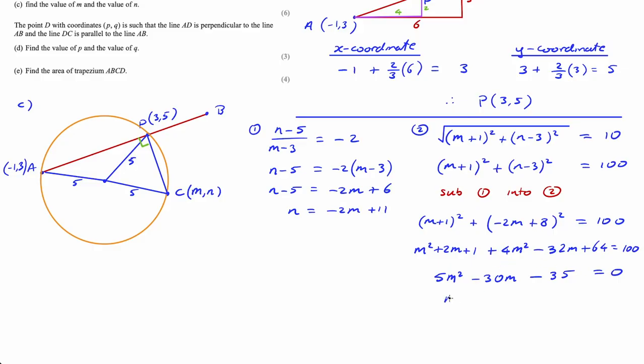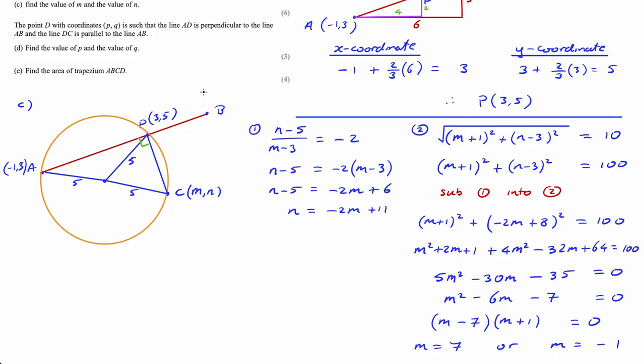Divide by 5, m squared minus 6m minus 7 equals 0. Factorize this, guys. Again, I'm going to do it quite quickly. m minus 7 times m plus 1 equals 0. m equals 7, or m equals negative 1.